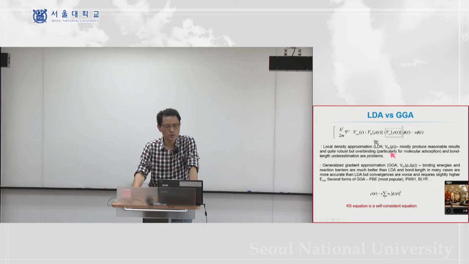But this is strange: your operator actually depends on the solution. So this is a self-consistent equation. You have the solution, and from the solution you construct this density, and you then construct this second-order Schrödinger equation, these Kohn-Sham equations, and you solve again.